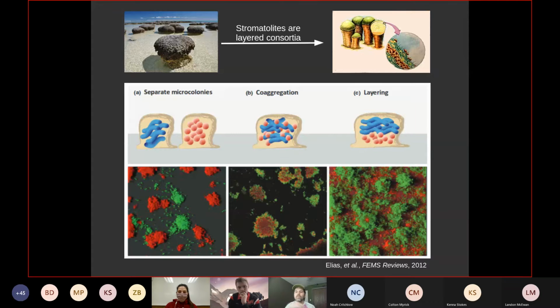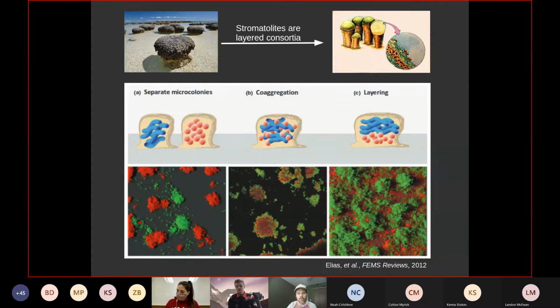Okay. One of the best examples, it's shown in your book, are these stromatolites. And they're famous because in the very early Earth, they were the dominant life form. There's just a few places left on Earth right now where they exist. Okay. But stromatolites are these layers of different bacterial species.